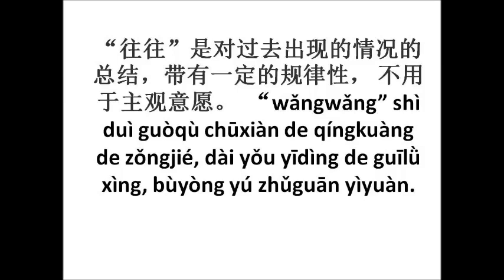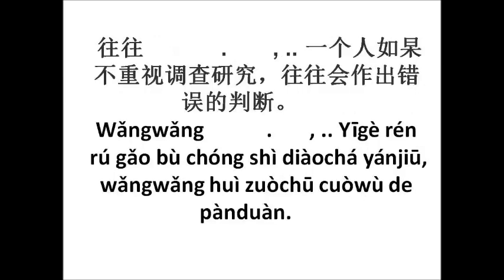Let us read the example: 一个人如果不从事调查研究，往往会做出错误的判断. If a person does not pay attention to investigation and research, he will often make wrong judgments. 错误 is mistaken, 判断 is a judgment. He will often make mistaken judgments.